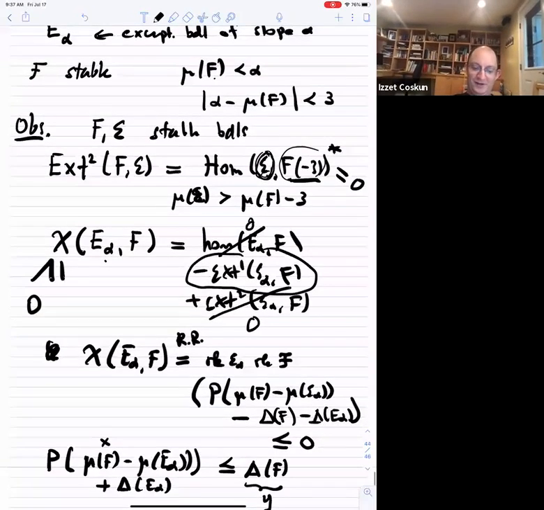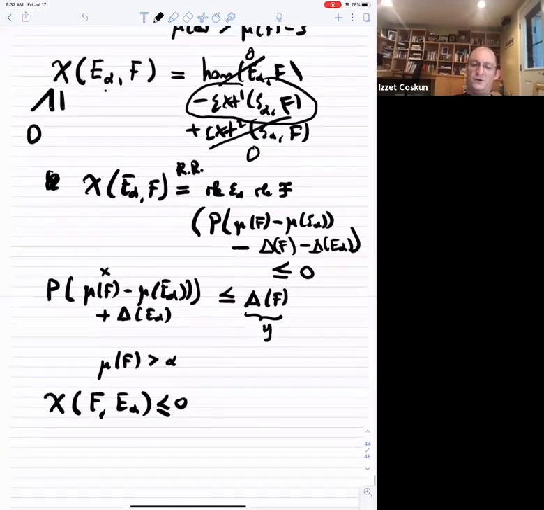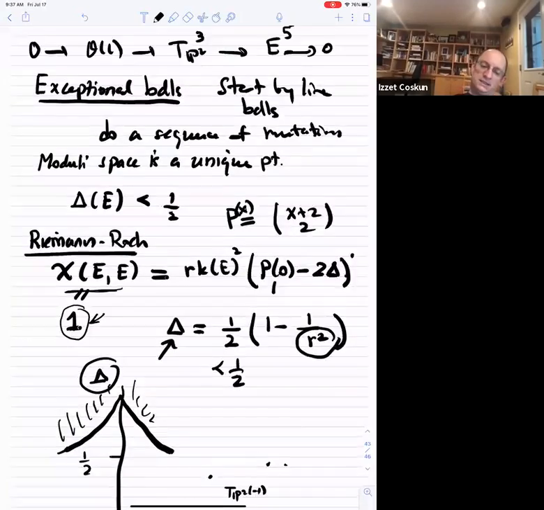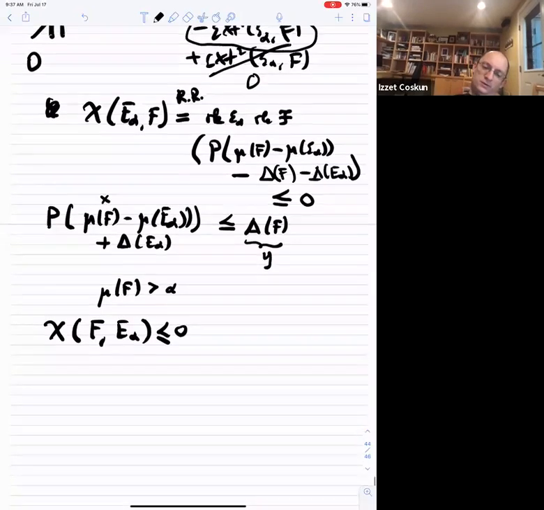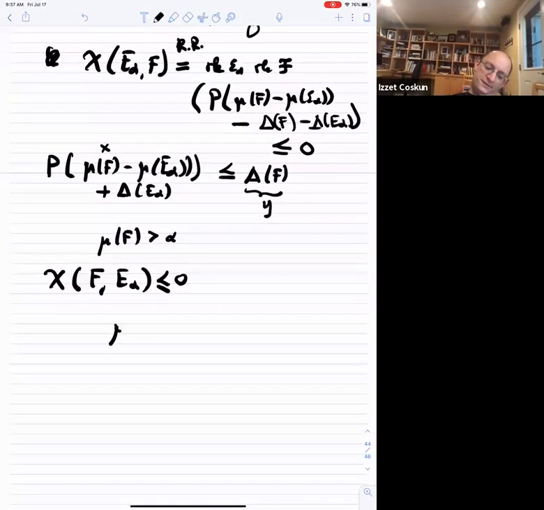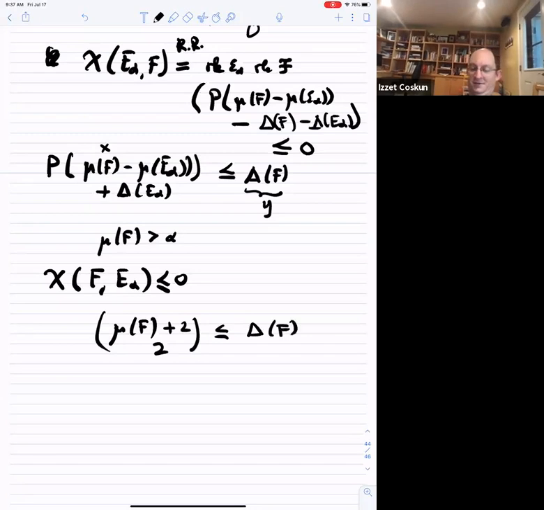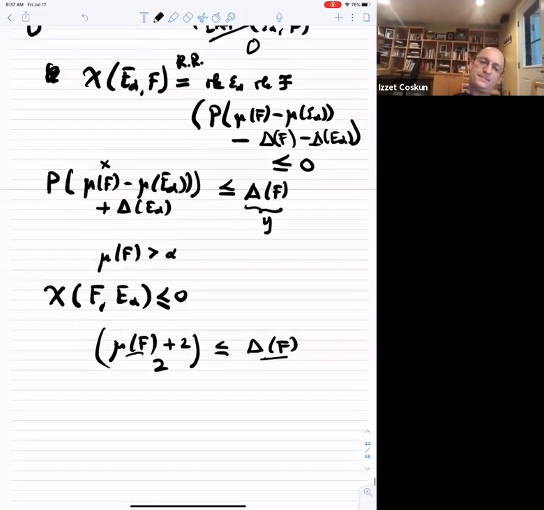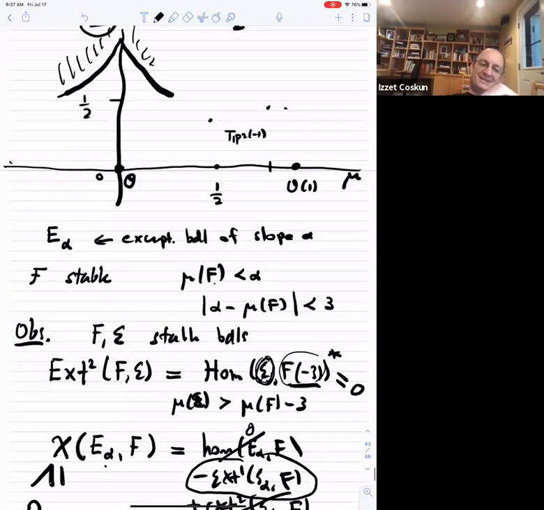If I put O there, what this is saying is that mu of f plus 2 choose 2 has to be less than or equal to delta of f, right? So this is an explicit quadratic polynomial for the discriminant, where this is the y-axis and this is the x-axis. If you were to plot this, you would get this thing.